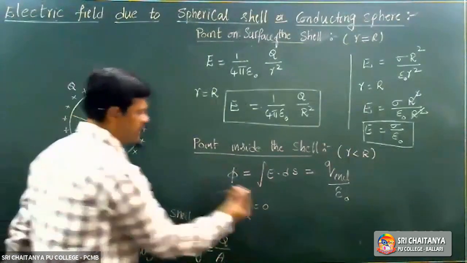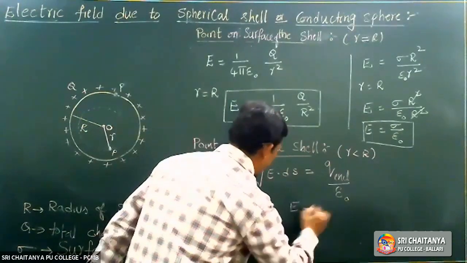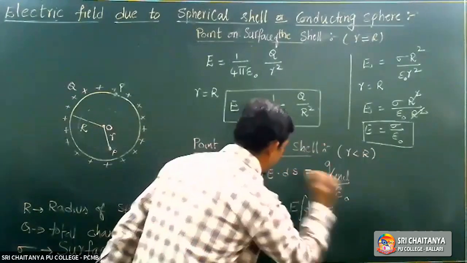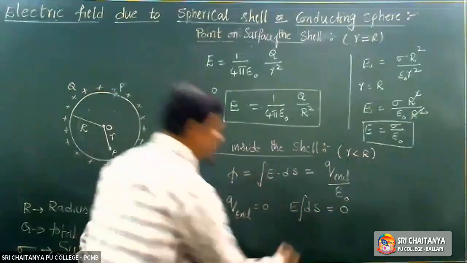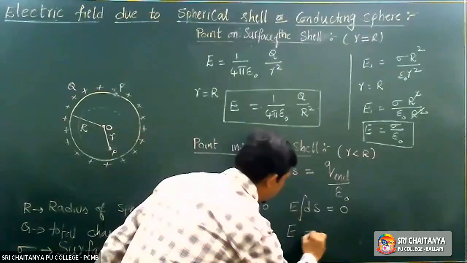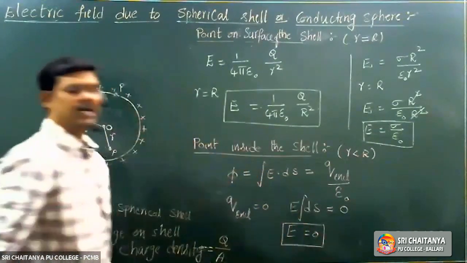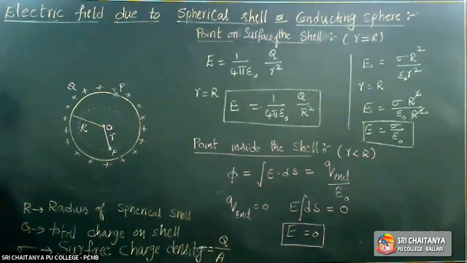When Q enclosed is 0, E times integral of ds is equal to 0, then E is equal to 0. So inside the shell, E is equal to 0.